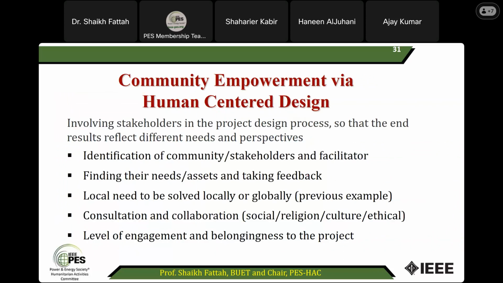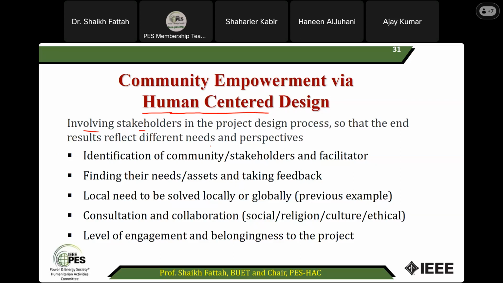So this is very important in humanitarian technology based project design. The idea I have told you is called human-centered design. That means in your whole design process, the community will be involved. Your stakeholders will be involved. That's what is written, involving stakeholders in your total design process.